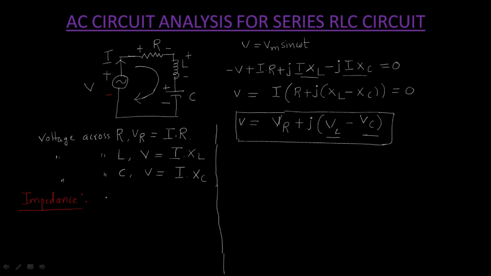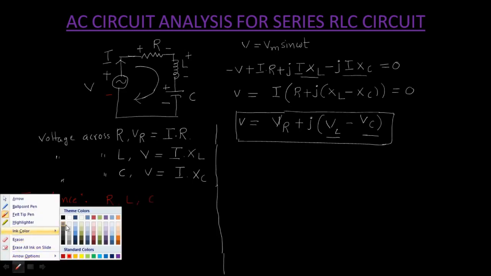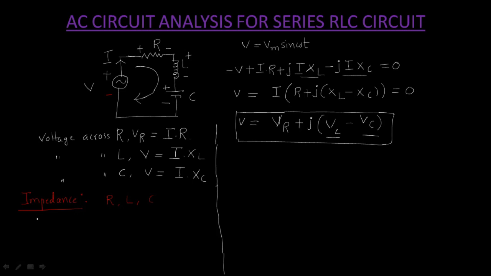Here, whenever an R, L, C combination is there, the impedance can be written like this: R plus jXL minus jXC is called impedance, the combination of resistance, inductive reactance and capacitive reactance. Resistance is the real term, and inductive reactance and capacitive reactance are both reactive terms. That's why we get j before the reactances. So this is like this, and we can write impedance also in this form.